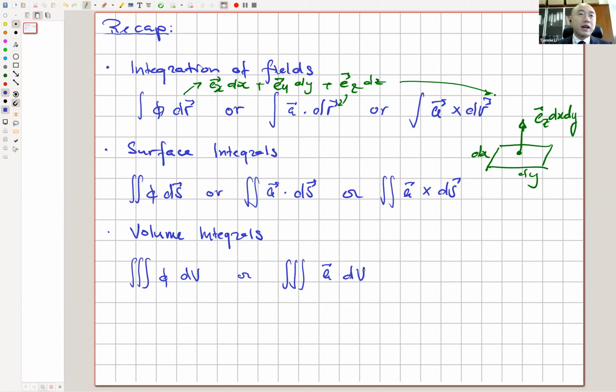In this case, note that dV, the volume element, is a scalar, and so we only have two flavors. In Cartesian coordinates, dV is typically given by dx dy dz.